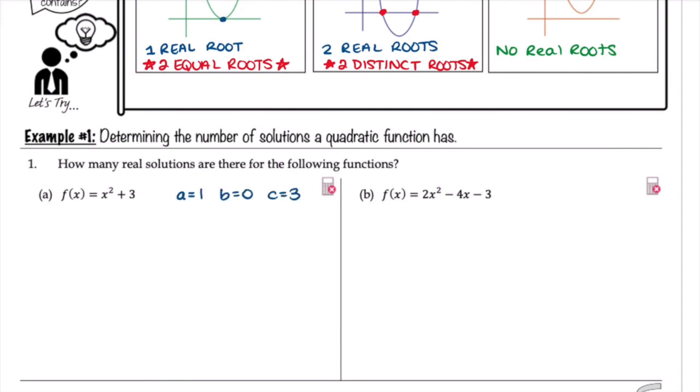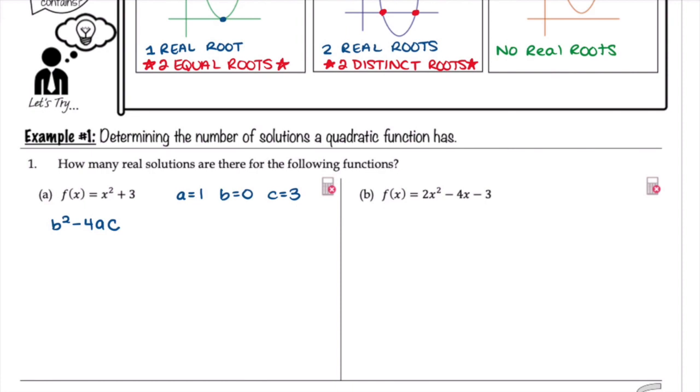And those values come from our quadratic written in standard form. The next thing that we're going to do is write down our discriminant. And we are trying to find how many real roots we have. So we're going to work with that discriminant and then compare it to 0.